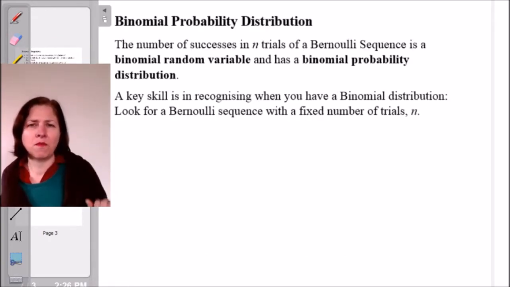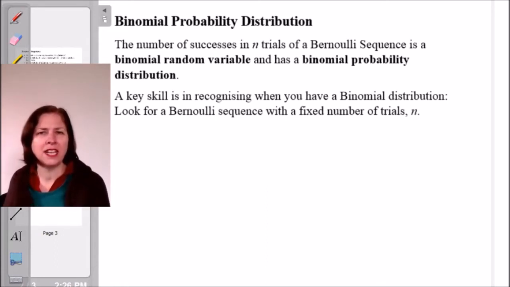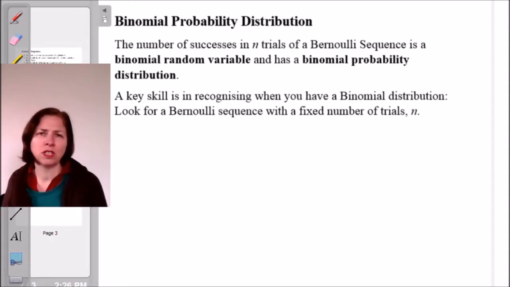Okay, so now, what is a binomial probability distribution? Once we've identified that we've got a Bernoulli sequence, then the number of successes in n trials of a Bernoulli sequence is called a binomial random variable, and it has a binomial probability distribution. And we'll learn there's a formula for it, basically.